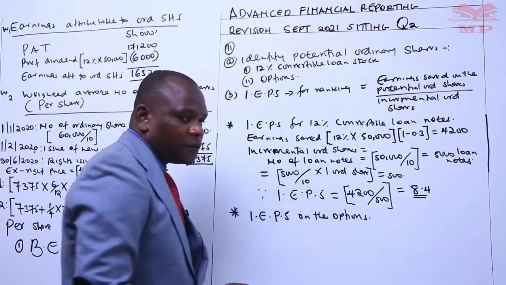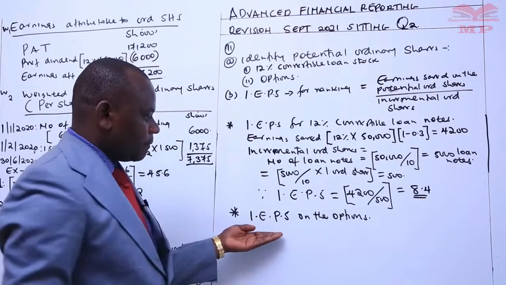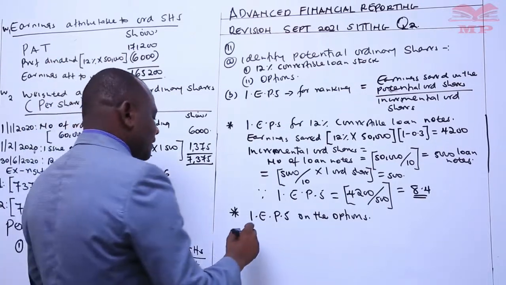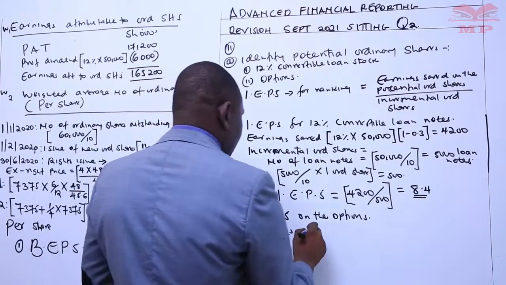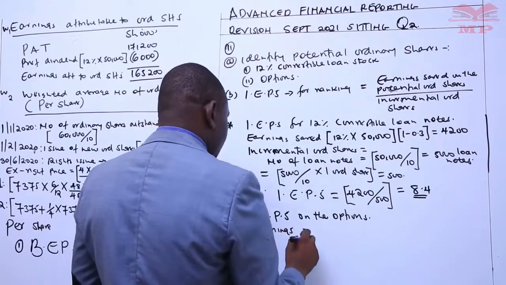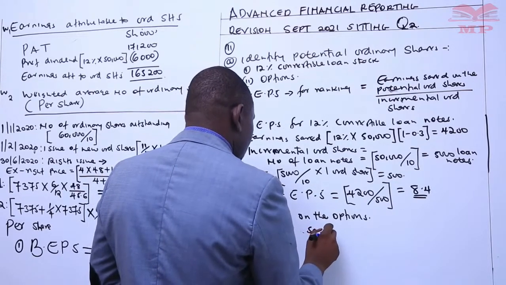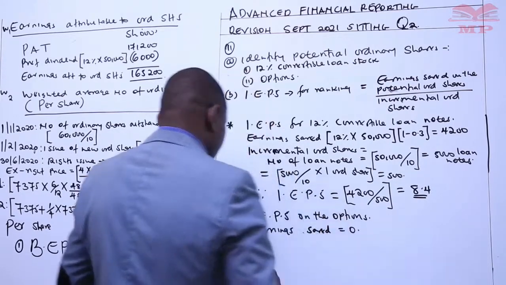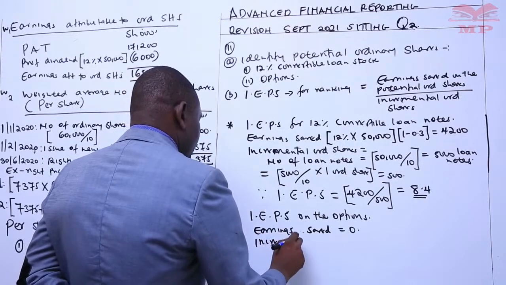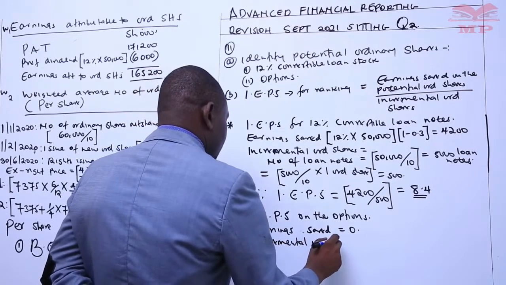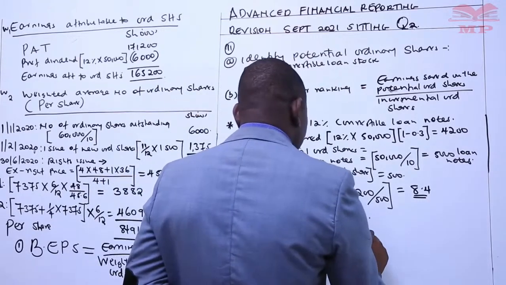You say that the options are assumed exercised, and so the earnings saved here is 0 because there is no obligation we were paying before. Earnings saved is equal to 0. Incremental shares is given by this. If I assume exercise, this is how you get it.